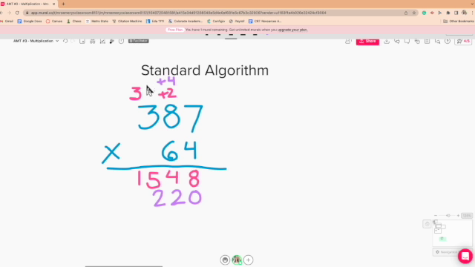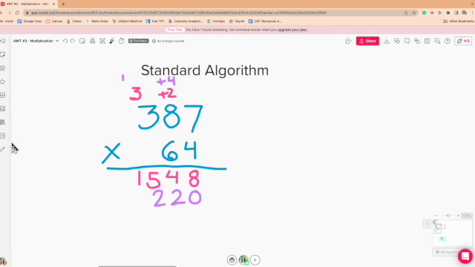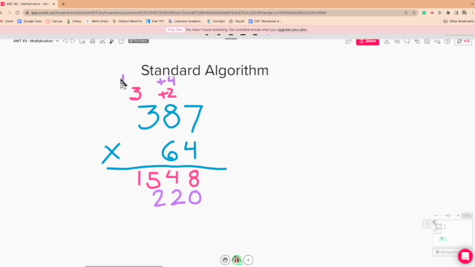Oh, I'm sorry, I may have said the wrong thing. Yeah, 6 times 8 plus 4 is 52. So we redistributed the 5 over the next digit over.